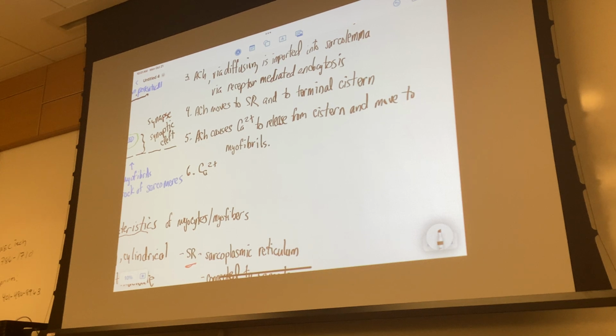Calcium goes to the myofibrils, and there's an area in actin called an active site. So calcium moves to actin and the active site, which is covered by the troponin tropomyosin complex.